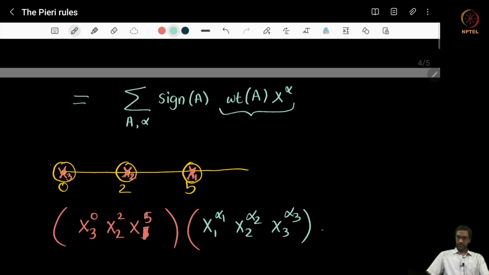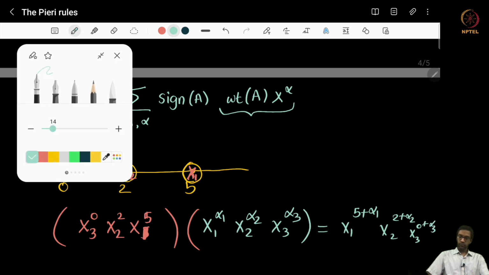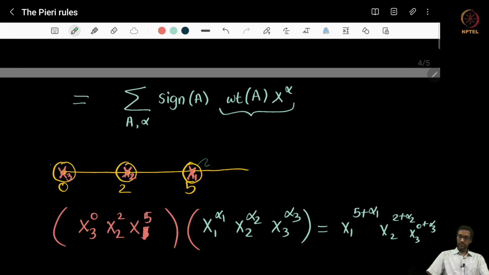The final answer is x1 power 5 plus alpha 1, x2 power 2 plus alpha 2, x3 with its original position 0 plus alpha 3. In other words, I'm just moving each of my beads: I move this bead by alpha 1 positions to the right, this one alpha 2 positions to the right, and this one alpha 3 positions to the right.